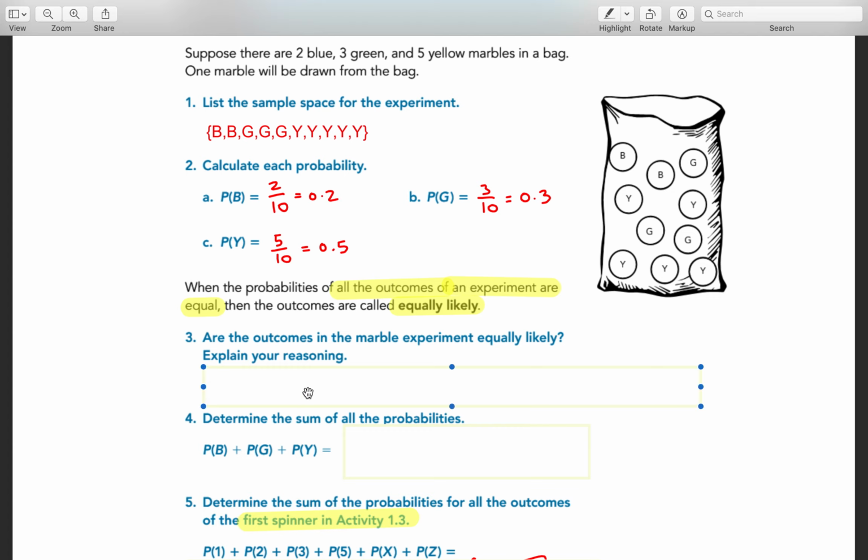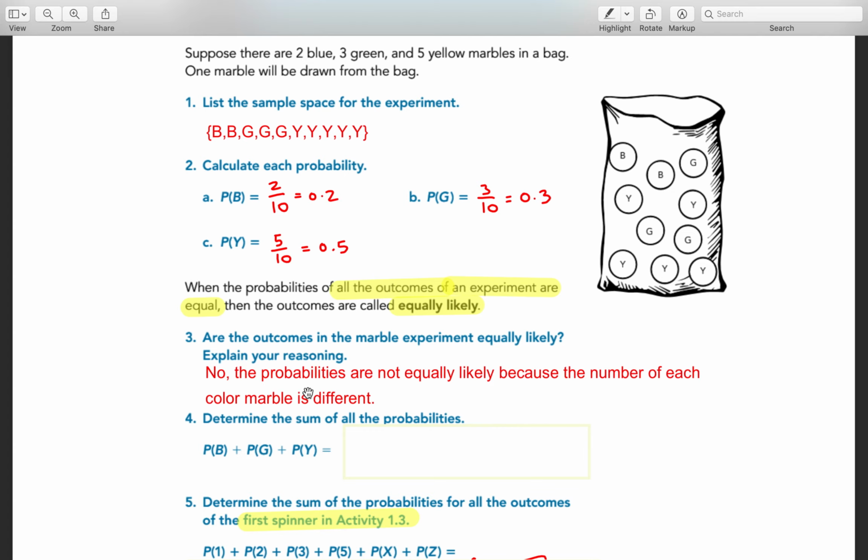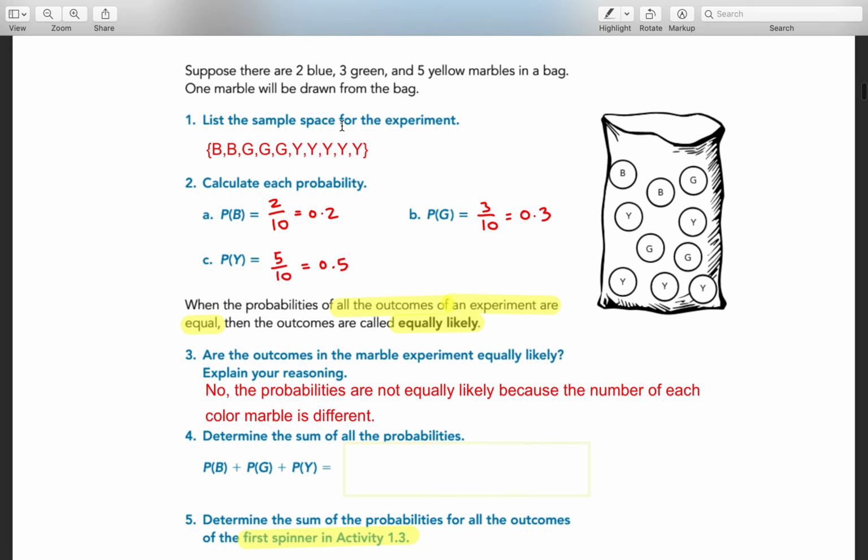That means they're not equally likely, because the number of each color marble is different. They didn't have 2 blues, 2 greens, and 2 yellows. It's 2 blues, 3 greens, and 5 yellows. So the probabilities must be different, and therefore we don't call them equally likely.